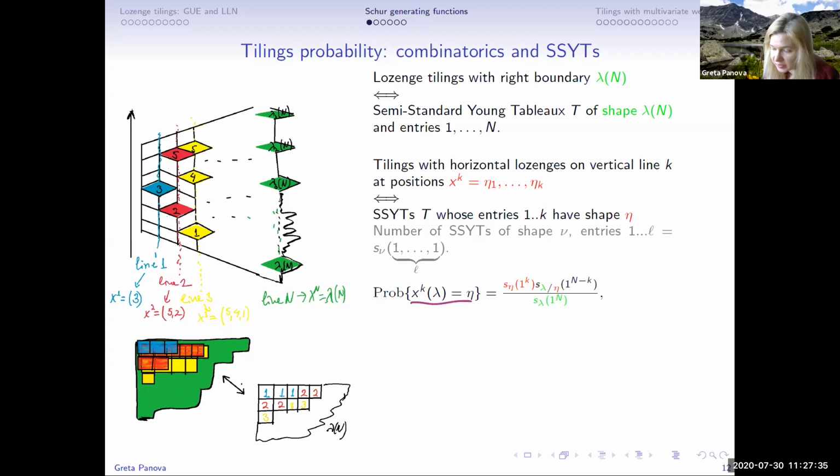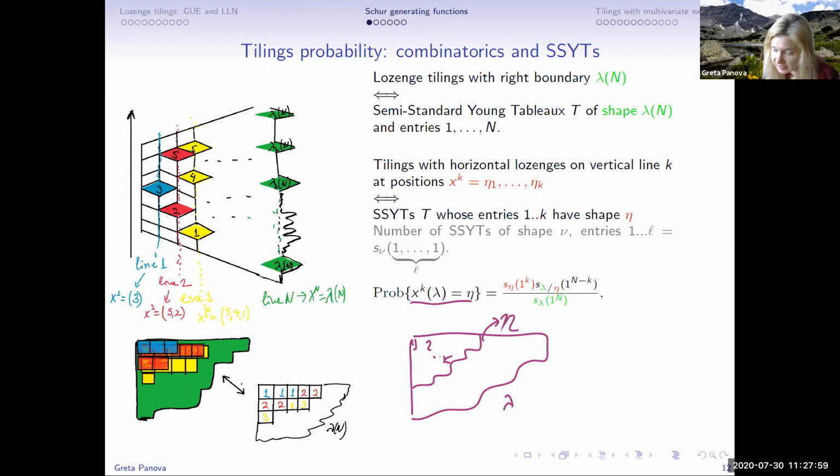Well, we need to have, as I just said, so if we have our shape lambda over here, we are going to have the numbers 1, 2, and so on up to k. So this would be the semi-standard Young tableau corresponding to the first k positions. This will have shape eta.